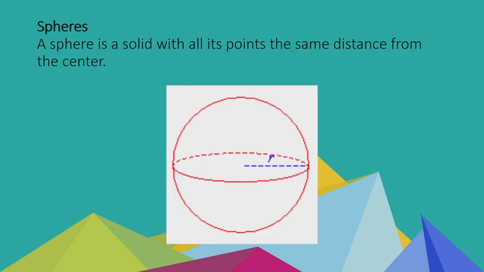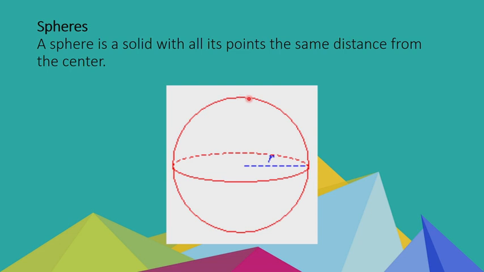And next is spheres. A sphere is a solid with all its points the same distance from the center. The distance from the center to the surface of the sphere is equal, a similar definition to the circle. What is the definition of the circle?